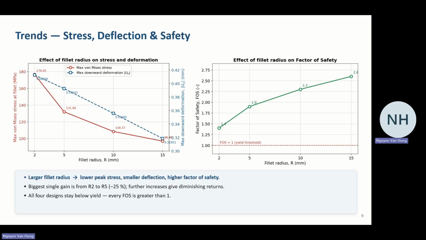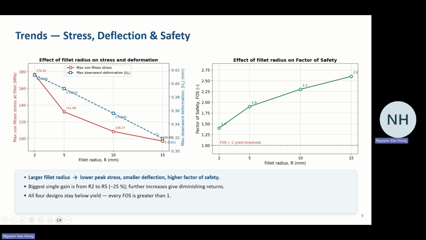These two charts summarize these trends. On the left, both peak stress and deflection fall steadily as the radius increases. On the right, the factor of safety rises from 1.4 to 2.6. And two things to notice.